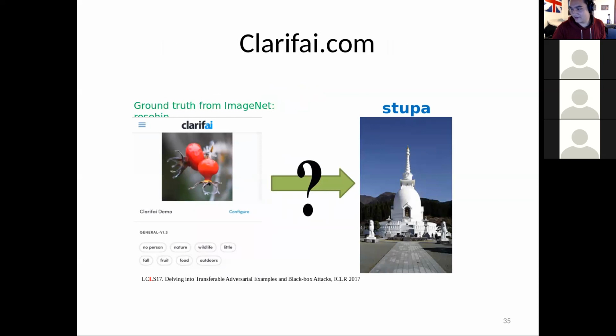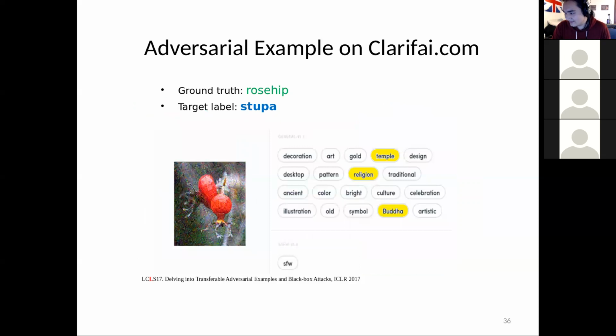Here we have yet another fun example. We're trying to transform these berries into a stupa. And actually we get pretty close. And one of the things that we see more often with these attacks, when we don't care about the amount of noise, is a lot more Deep Dream style features, which means that we're adding high frequency noise to this image in order to change the dominating class.